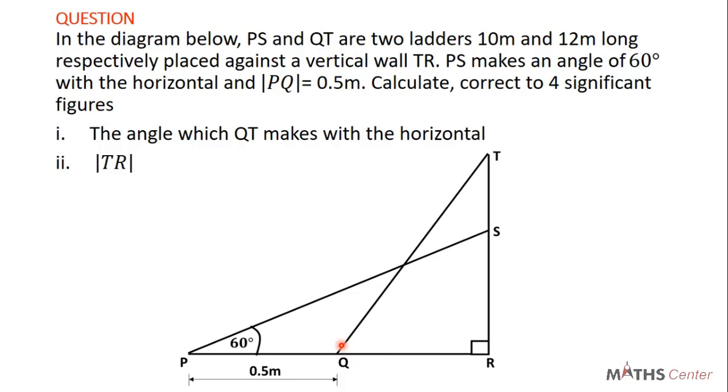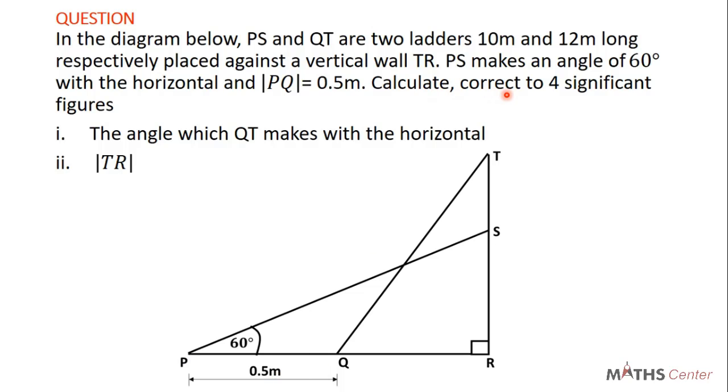They are placed against this wall, which is TR. PS makes an angle of 60 degrees with the horizontal, and PQ is equal to 0.5 meters. From P to Q is 0.5 meters.